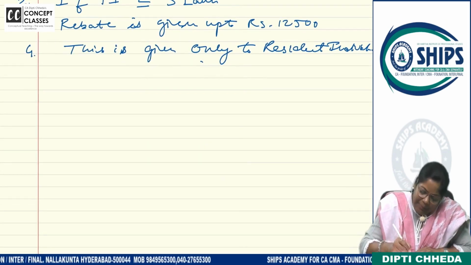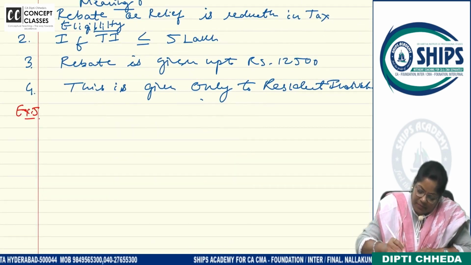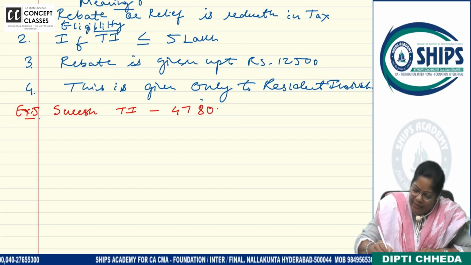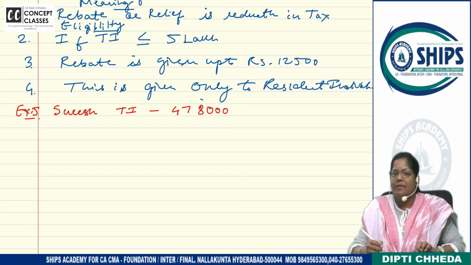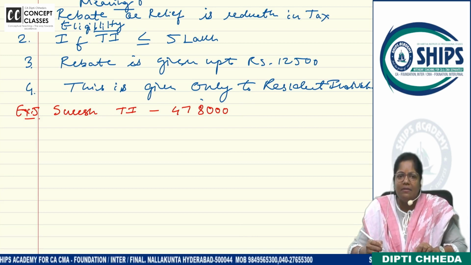So right now I am taking example 5. Suresh is having total income 4,78,000. Are you all with me? Did they say whether Suresh is resident or non-resident?